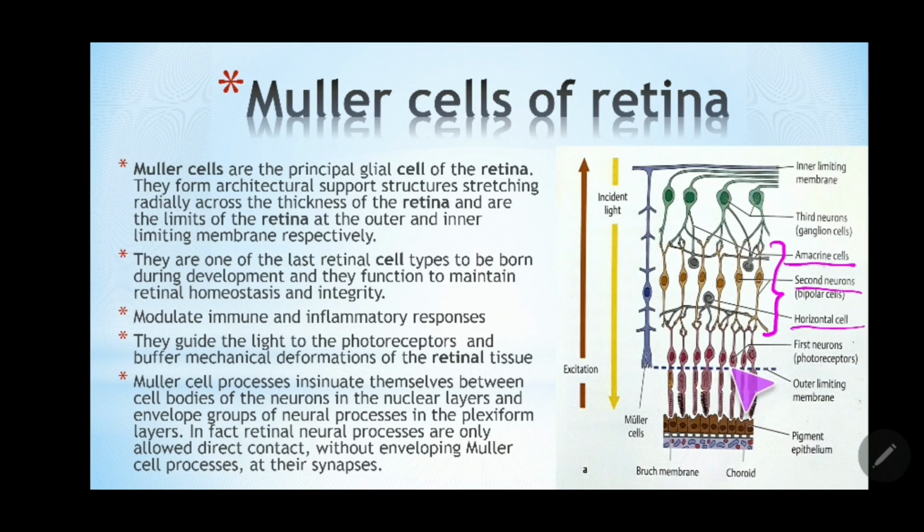Outer nuclear is formed by the first neurons, they are the photoreceptors. And don't get confused, there are some books writing them as second neurons. Of course they are second neurons, but if they ask what is the first order sensory neuron in the visual pathway, then the answer will be the bipolar neurons.